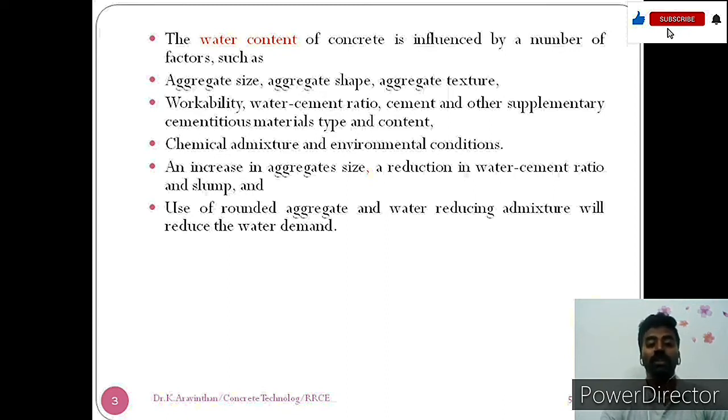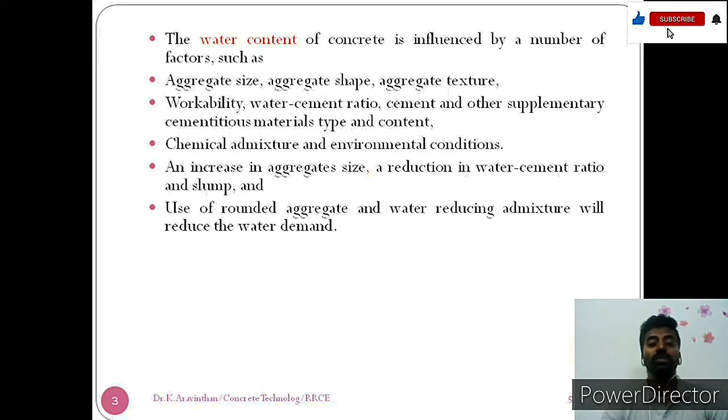Also the chemical admixture which you are using, and environmental conditions. The environmental conditions also impact the water content which is added in a concrete. The environment may be mild, moderate, severe, very severe or extreme.